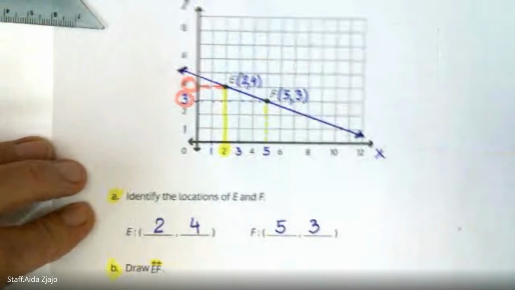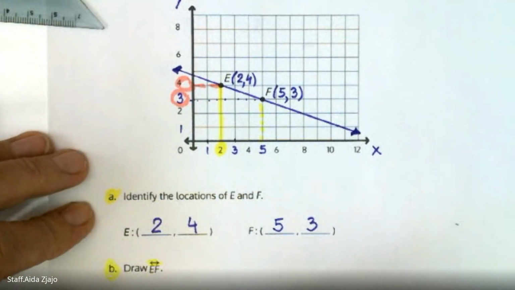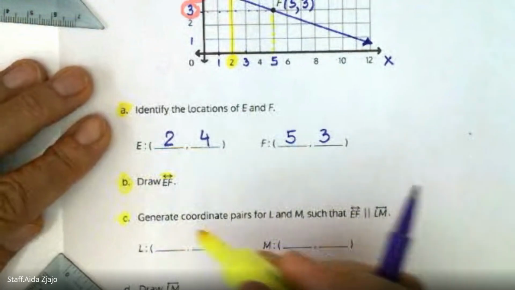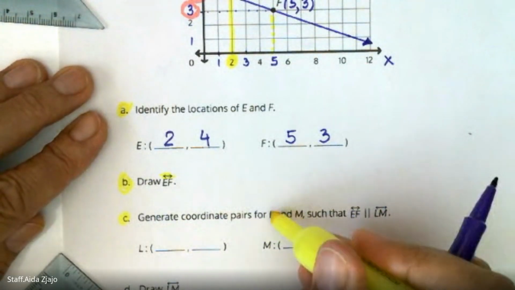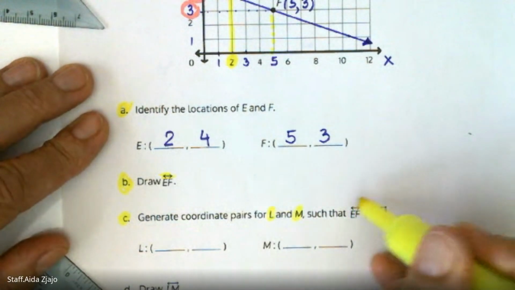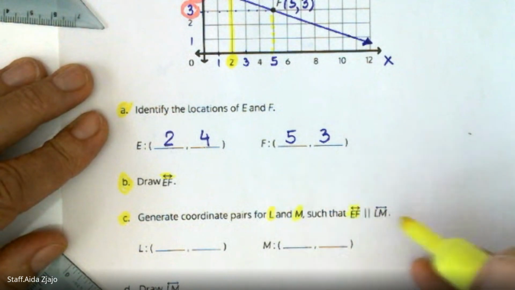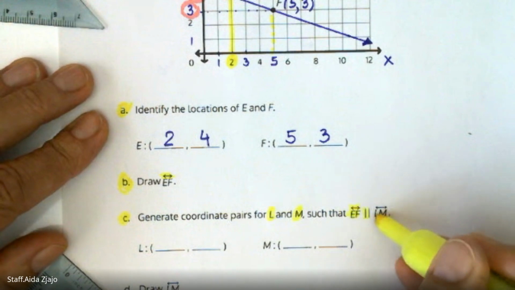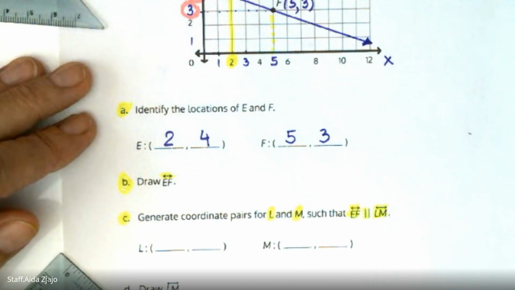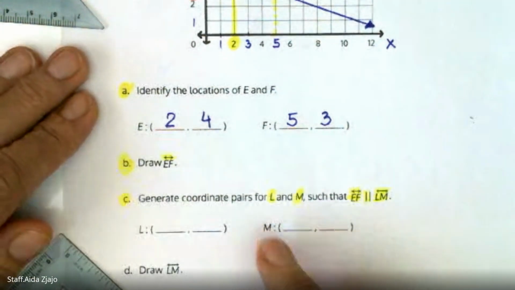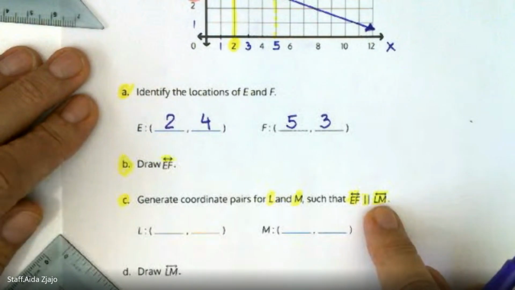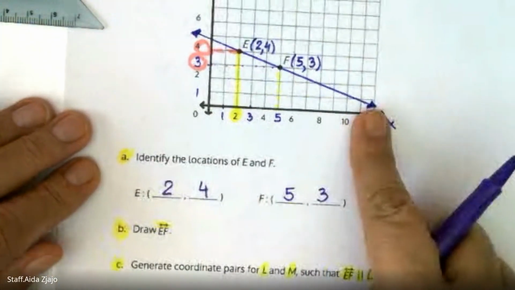Next. Generate coordinate pairs for L and M such that line EF is parallel to line LM. So what they ask us to do is to create the parallel line LM to the line that we just did.